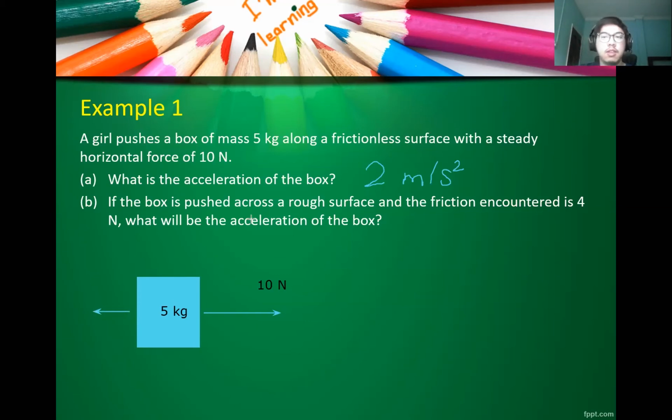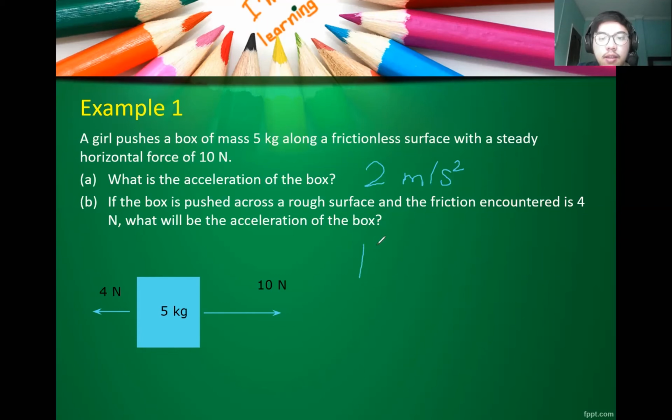Before, the question was saying the surface is frictionless. Now the surface is rough, and now the friction is 4 newtons. So we have to find the acceleration this time. Because we have another force acting on the object this time, therefore the acceleration will change. So we have to calculate that.